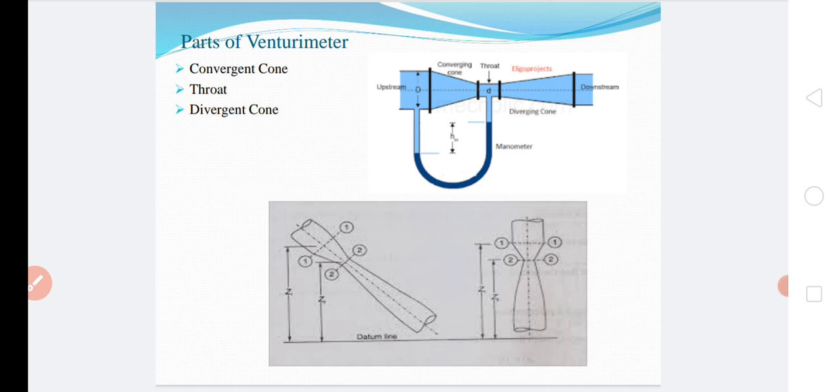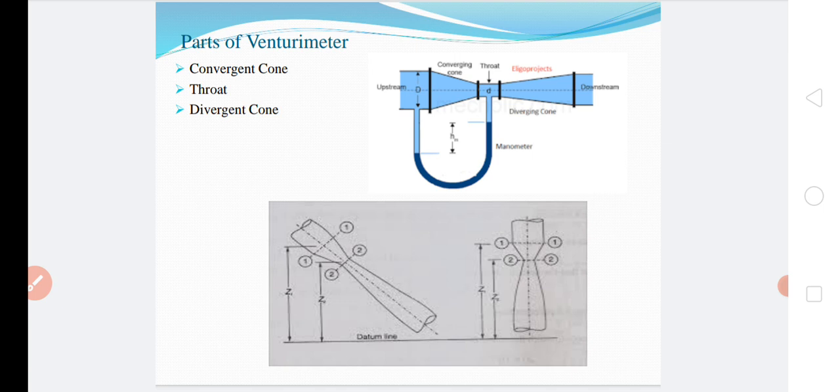In order to avoid this tendency of breakage of the walls, the divergent cone is made artificially larger. Also, a longer divergent cone minimizes the friction losses. For this reason, it is 3 to 4 times longer than the convergent cone.